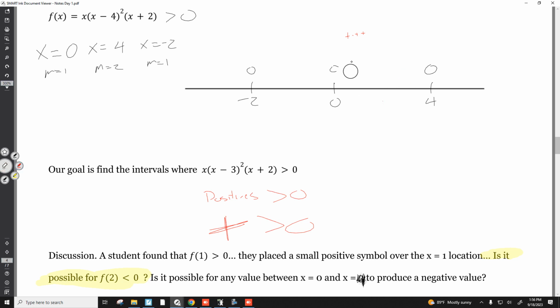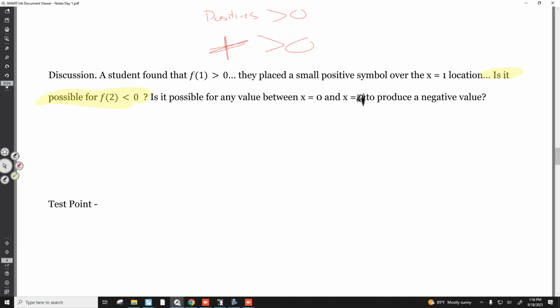No, there can't be. Because if there was, it'd be another 0. We already have our 3 zeros, 1, 2, 3. Okay. Our answer is no. Which brings up this concept called the test point.